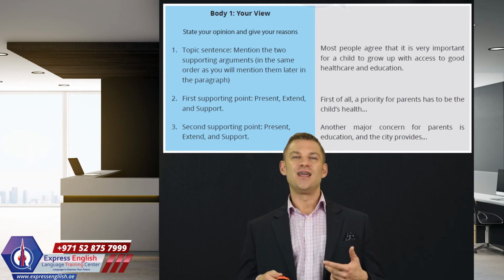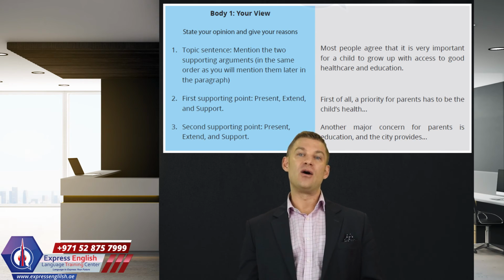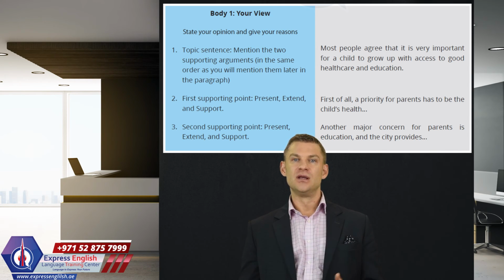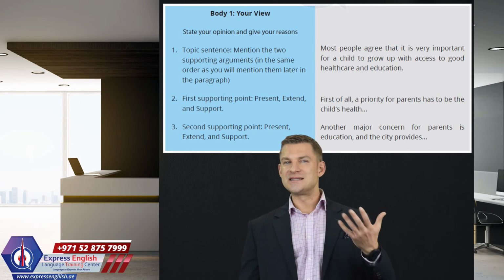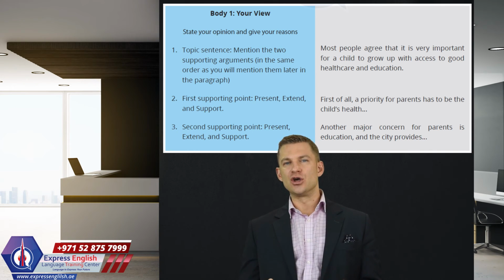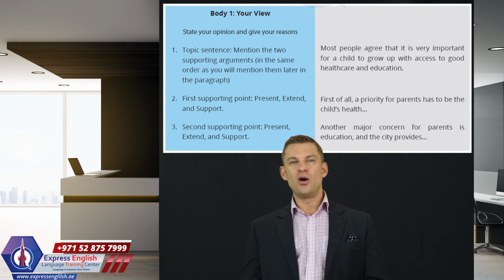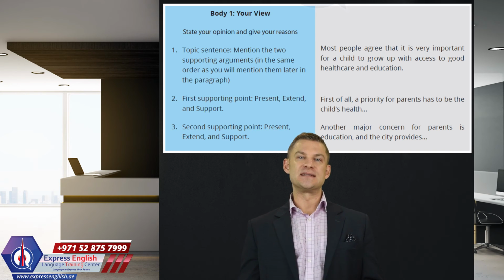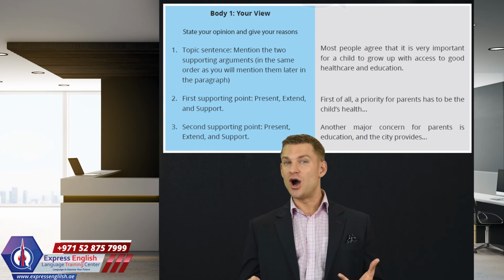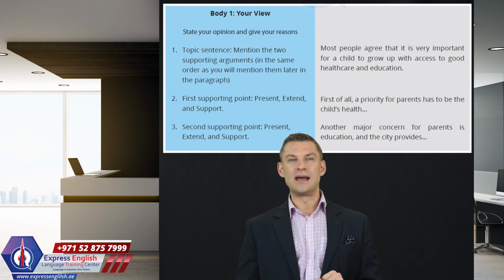Right, moving on to body paragraph 1. In this one, we need to talk about our side of the argument, the side that we're going to say is stronger in our conclusion. To start with, you need a topic sentence to state the 2 arguments that you're going to talk about.